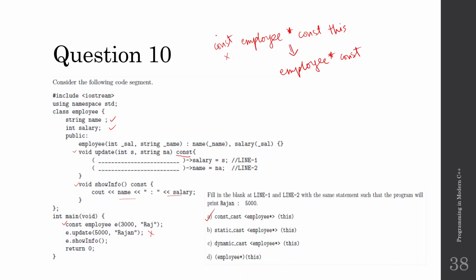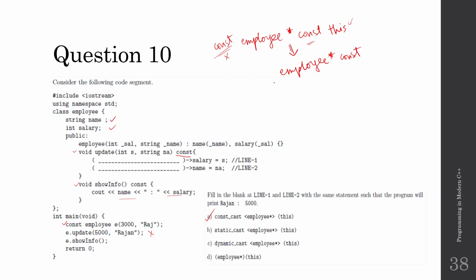If you don't remember, the first constness prevents modification of the pointee, what the pointer is pointing to, and the second const does not allow modification of this itself, so the variable this cannot point to anything else.